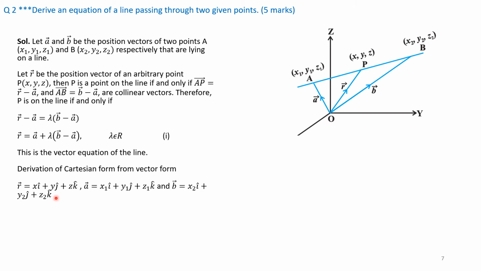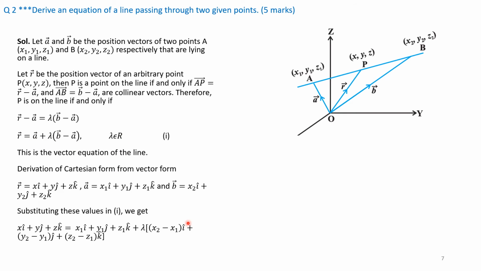These three points and their coordinates are written in vectorial form. Substituting the values of R, A and B in this equation, we get xi plus yj plus zk equals x1i plus y1j plus z1k plus lambda into (x2 minus x1)i plus (y2 minus y1)j plus (z2 minus z1)k.